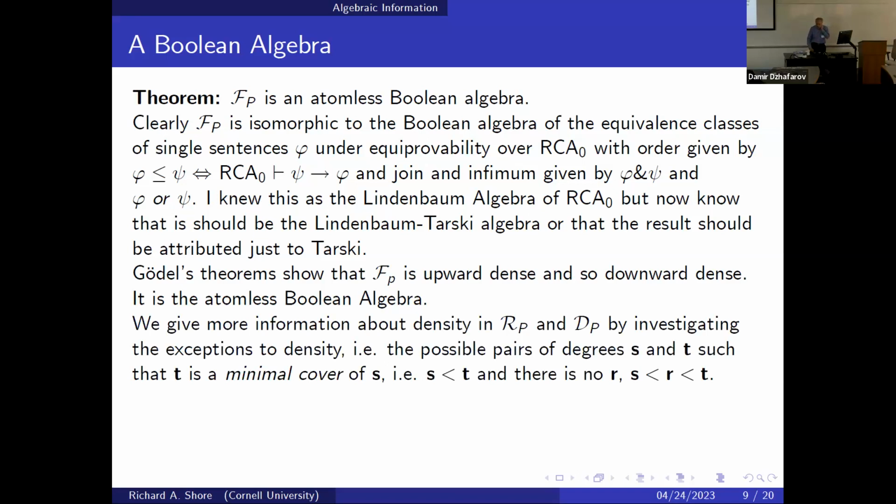So then I started thinking about, could I say more about the issue of density? So we have upward density in the finite. So the finite part, the finitely axiomatizable things, are dense. What about the whole structure? What can we say about density there? So again, influenced by my experience in the Turing degrees, I said, if you want to look at density, the thing to do is to look at the simplest counterexample to density.